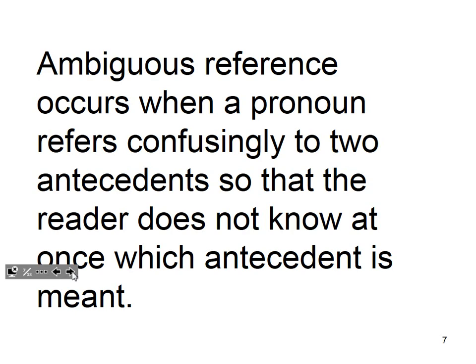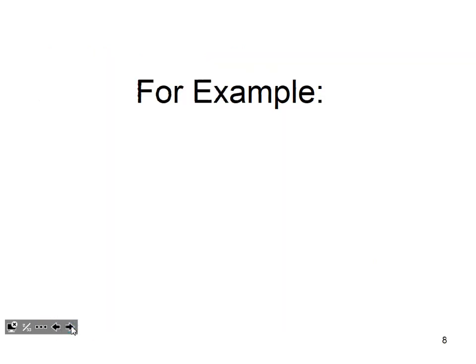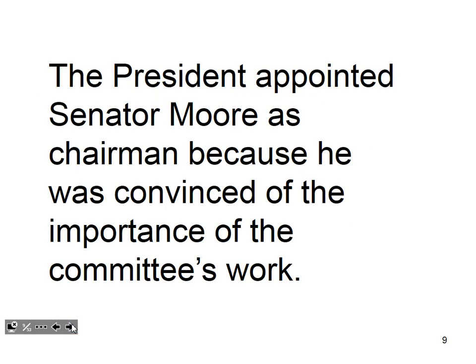So, pronoun reference problems. The first problem is called an ambiguous reference problem. An ambiguous reference occurs when a pronoun refers confusingly to two antecedents so that the reader does not know at once which antecedent is meant. So, for example, the President appointed Senator Moore as chairman because he was convinced of the importance of the committee's work.